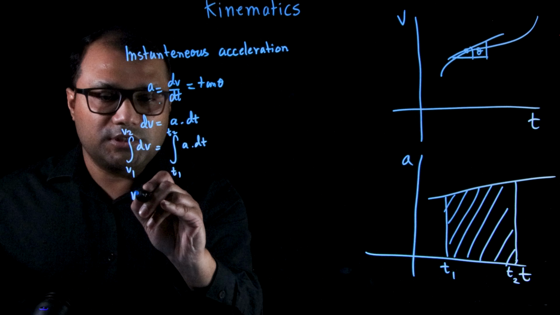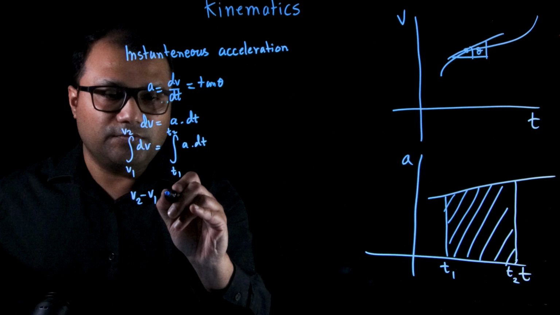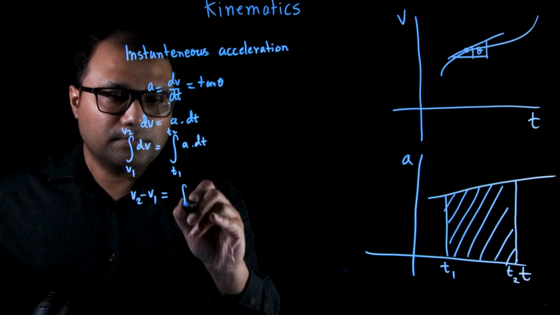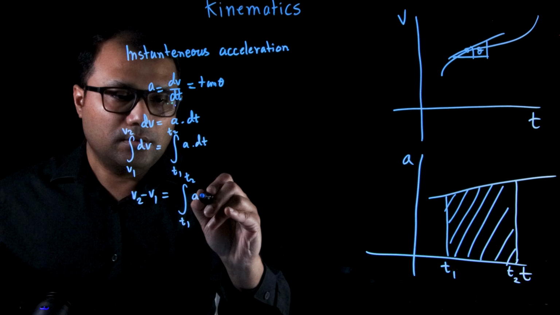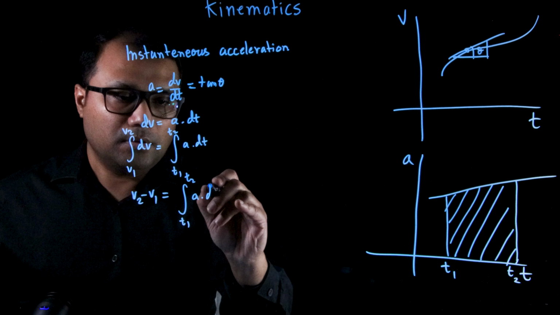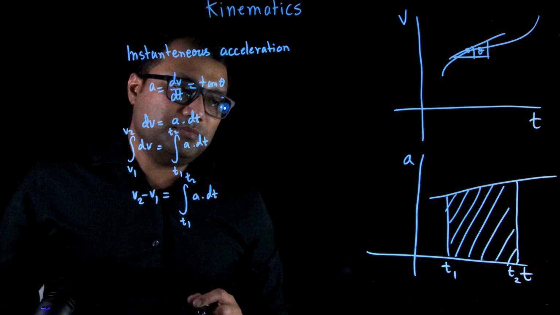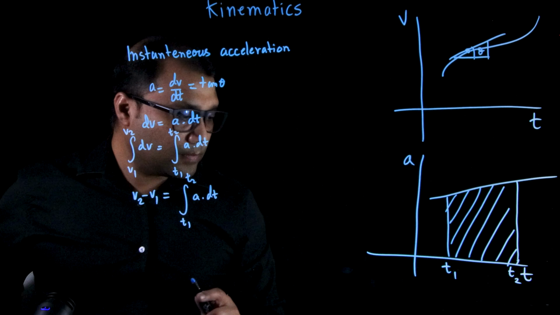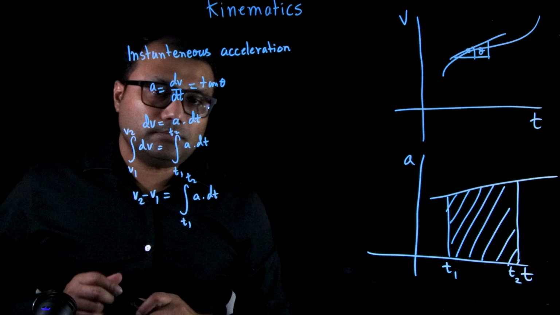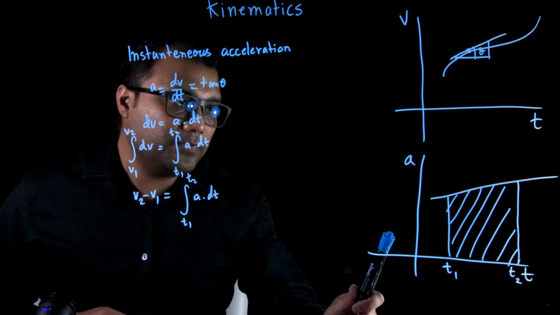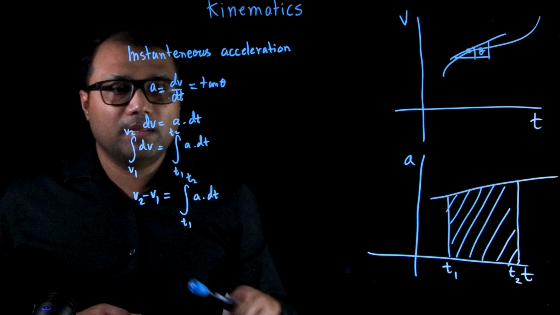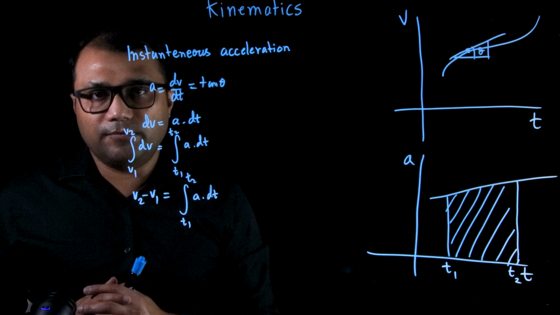So the change in velocity v2 minus v1 is the integral from t1 to t2 of acceleration times dt. So change in velocity is equal to the area of the acceleration time graph. So these are the basic formulae that we need to remember.